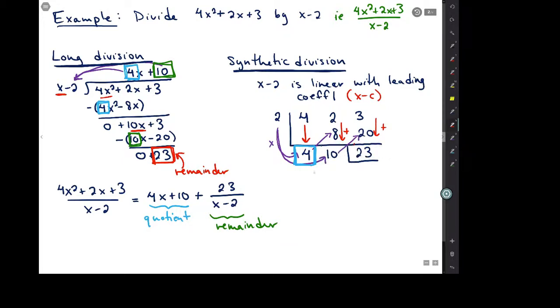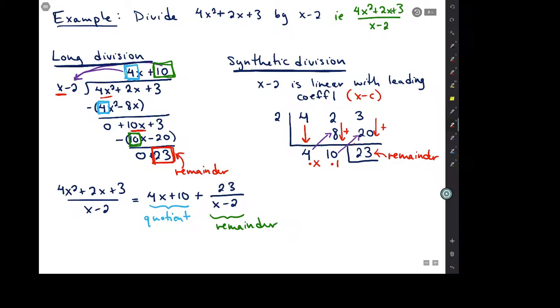Again, this 23, the thing that goes in the box here, is our remainder. And if I look at how I set up this grid, this 10 here is our constant term, so I multiply that by 1. This term here is going to be our linear term, so I multiply that by x. If I had another term, I'd multiply it by x squared.